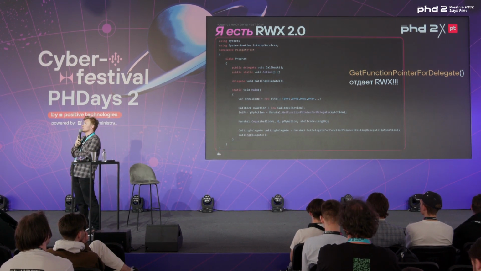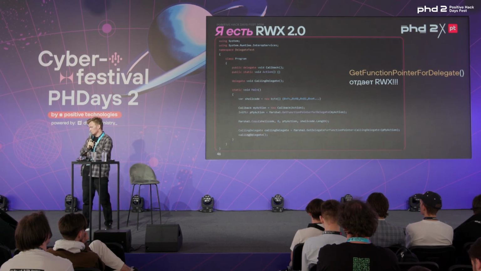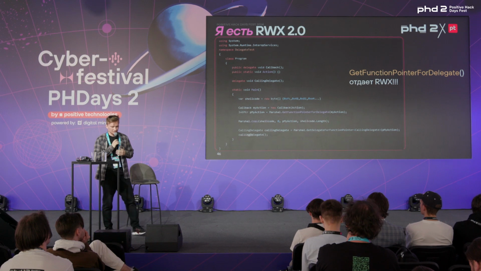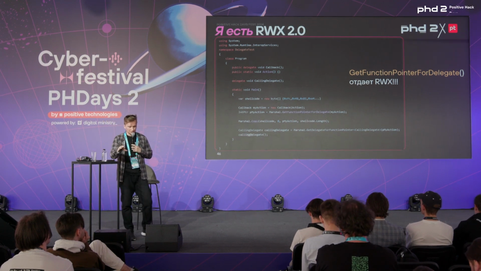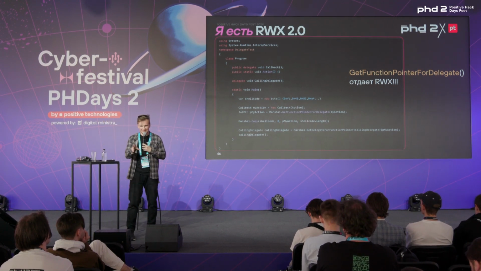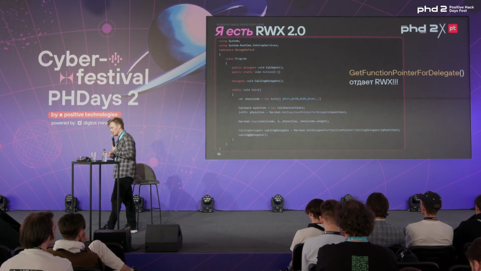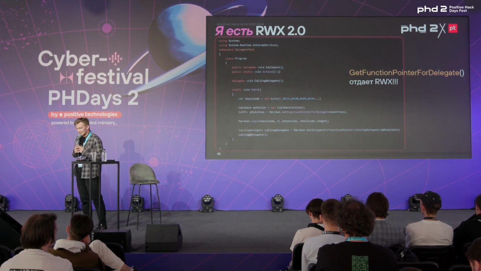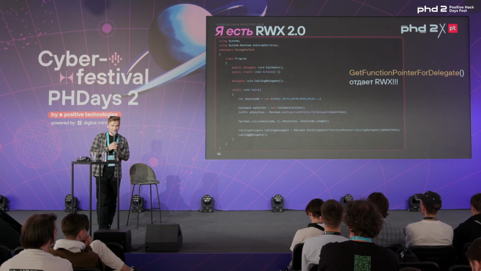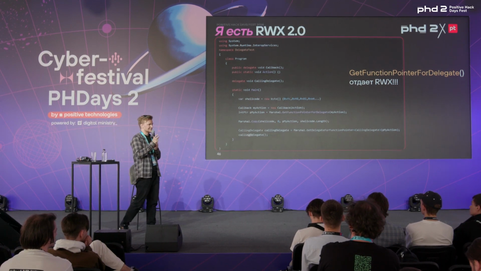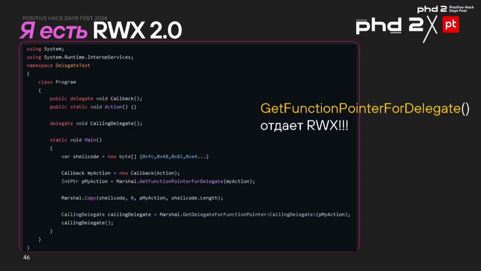I guess everybody knows the function GetDelegateForFunctionPointer. It's based on you placing code somewhere and you need to create a delegate. But there's a reverse function, GetFunctionPointerForDelegate. It allows getting the address of the delegate. Look at the logic. Firstly, we create a delegate.